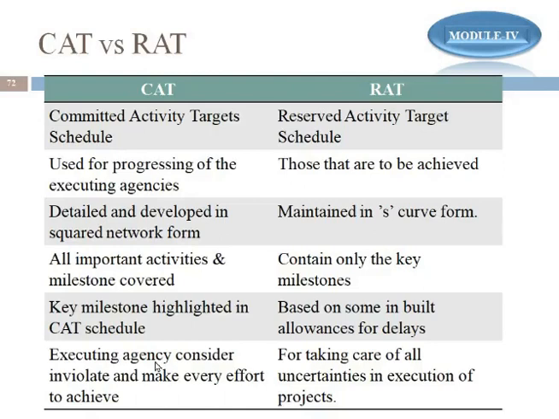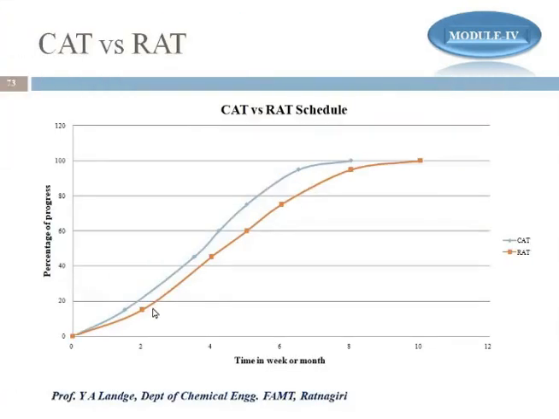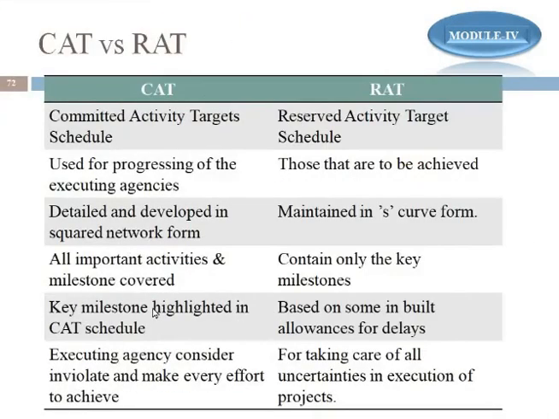At that time you have to have some reserve days and reserve amount, so that you can cope with that part. But if you continuously do that, then your project will not be progressive. So when there are uncertainties, we execute that part; otherwise we always focus on the committed activity target. Okay, so this is the case for CAT and RAT.